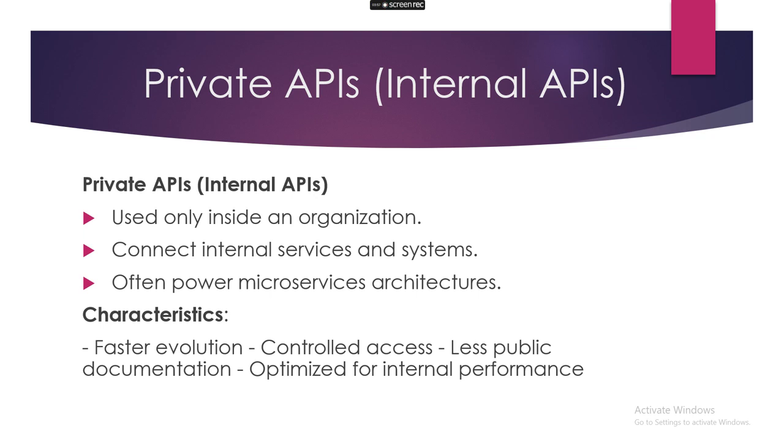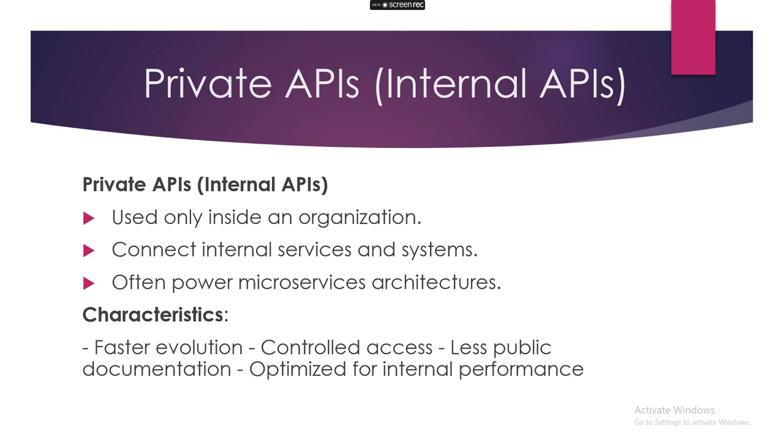The second type of API is private APIs, also called internal APIs. Private APIs are used only inside the organization. They are not exposed to the public. They connect internal services and systems, and they often power microservices architecture.